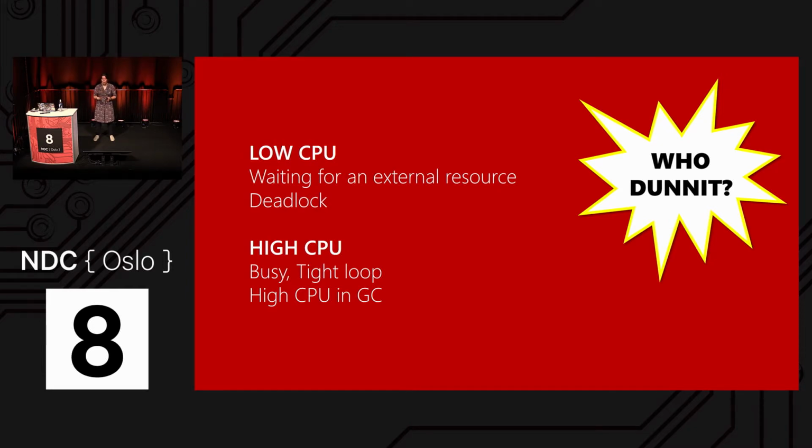And one way that you can get yourself into a high CPU and garbage collection situation is by creating a lot of large objects, because the garbage collector will do a full garbage collection every time you allocate a large object. And one way to allocate a lot of large objects, this is like tips and tricks if you want to have performance issues, is to go ahead and concatenate strings in a loop.